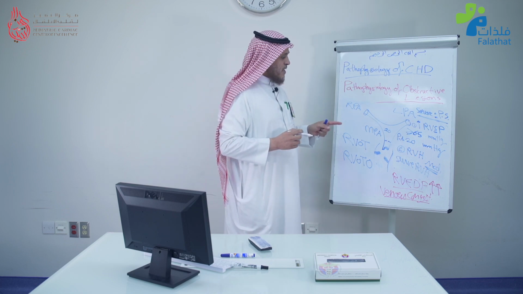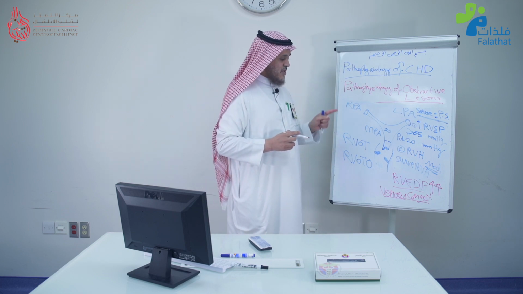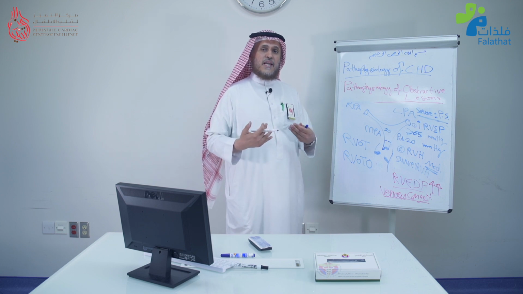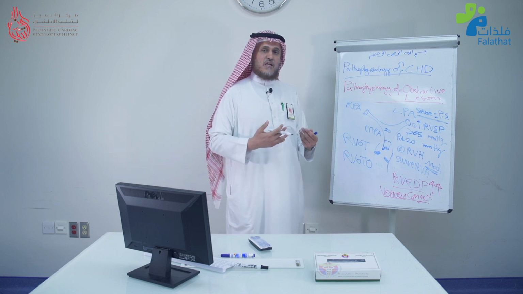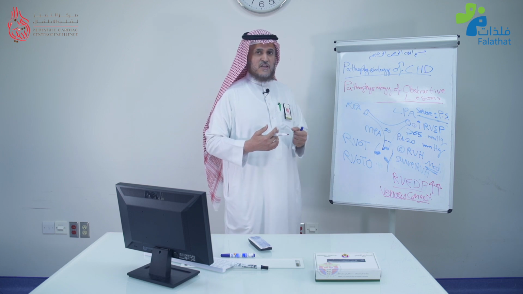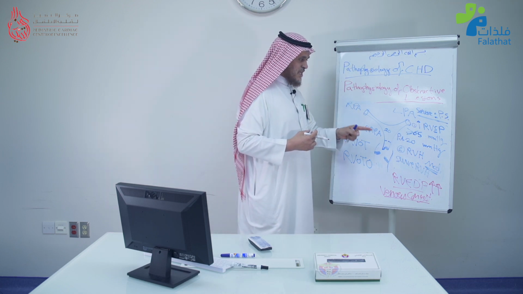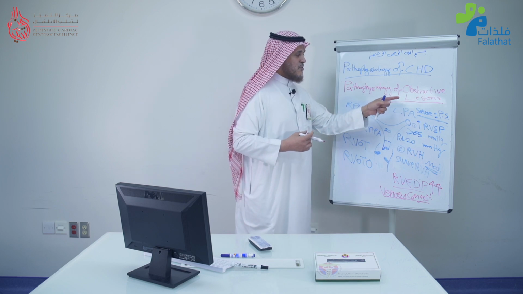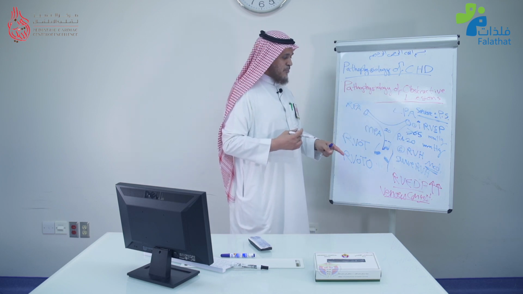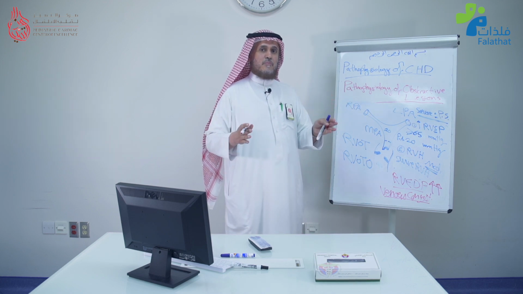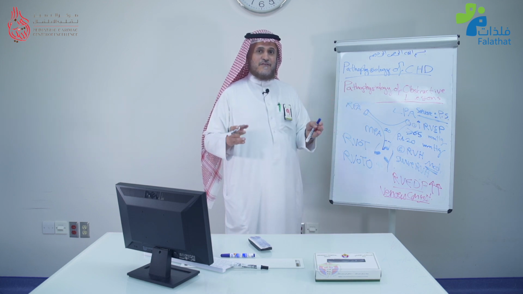And usually, they even do not have the patent foramen ovale open to give them the relief or the maintenance of the cardiac output, like we spoke about in severe tricuspid valve stenosis. They will not have it, and they will still be pink, and they will still be able to maintain their cardiac output for months and years of severe pulmonary valve stenosis, not just a few days or weeks.